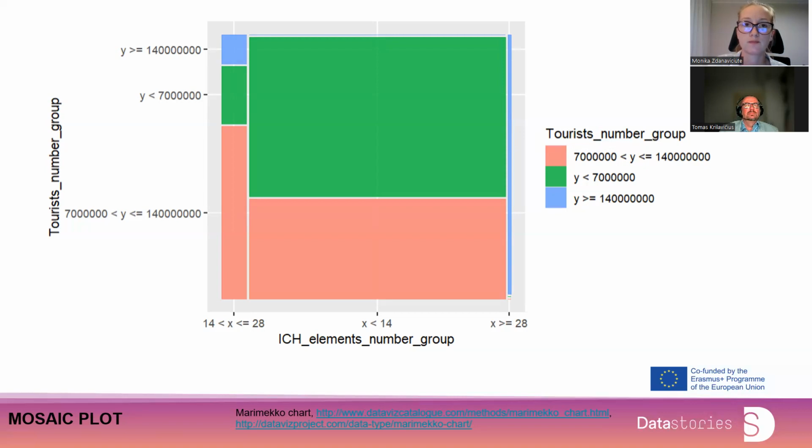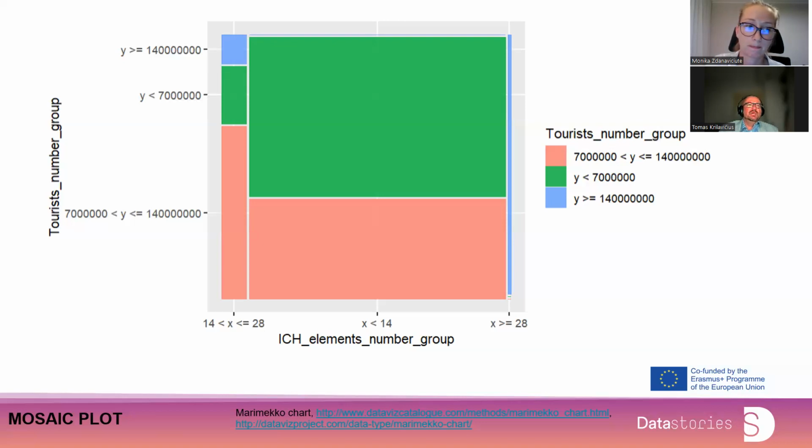And we can see the third column, which is all blue, which means that for the countries which have more than 28 ICH elements, almost all of these countries have more than 14 million tourists per year.